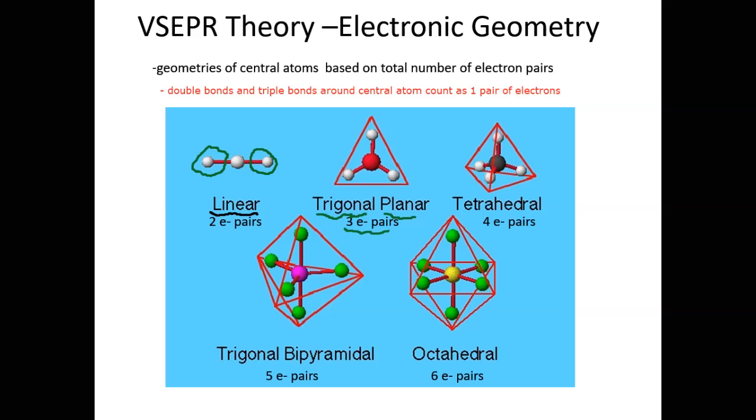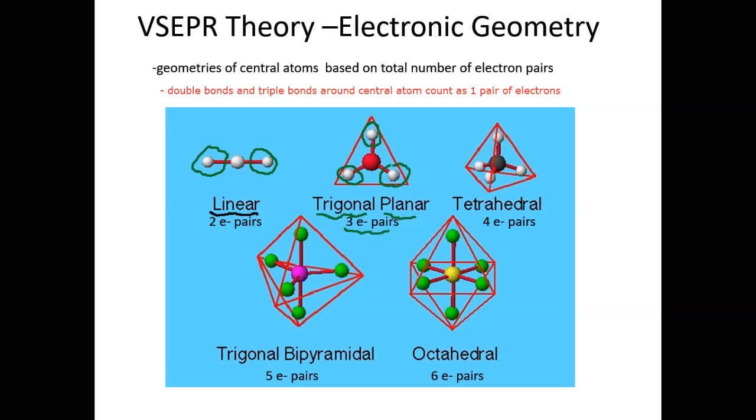It's called trigonal planar because, as you can see from the shape, it looks like a triangle. All the bond angles in a trigonal planar, when you have all bonding electrons, is 120. We'll talk more about bond angles in just a moment. With trigonal planar we have 3 electron pairs, and this can be a combination of bonding and lone pairs.